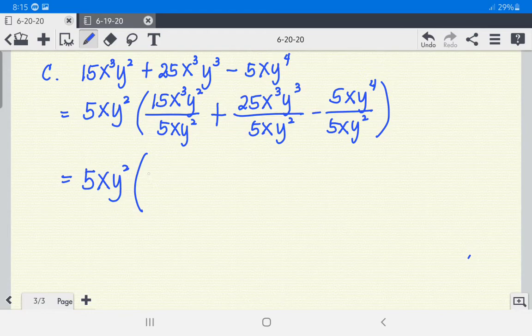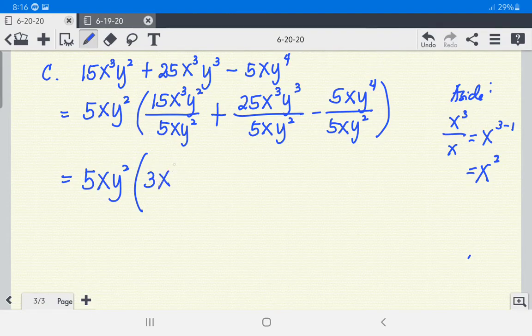Then x cubed over x. So using the law of exponents, you will just subtract the exponents. So this is 3 minus the exponent 1 of the denominator. Then we have x raised to the second power, so 3 minus 1 is 2. So we have x squared.